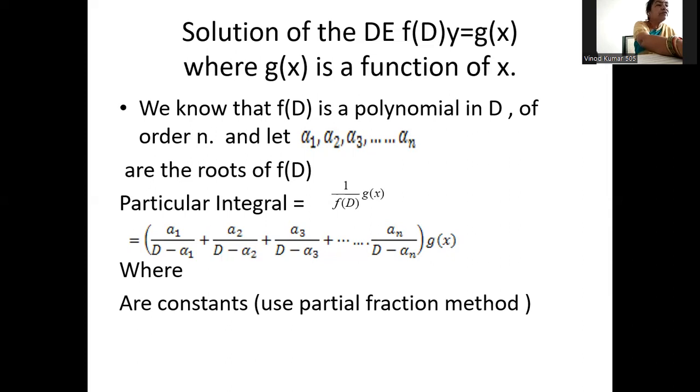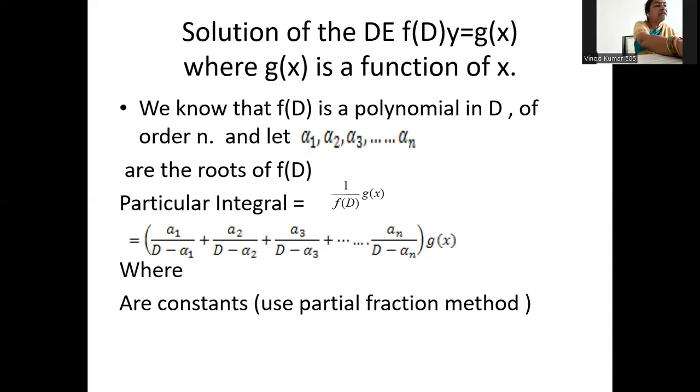So therefore, as we know alpha 1, alpha 2, and so on up to alpha n, the factors of f of D are D minus alpha 1 into D minus alpha 2 into D minus alpha 3, and so on up to D minus alpha n. Therefore, these are linear factors.